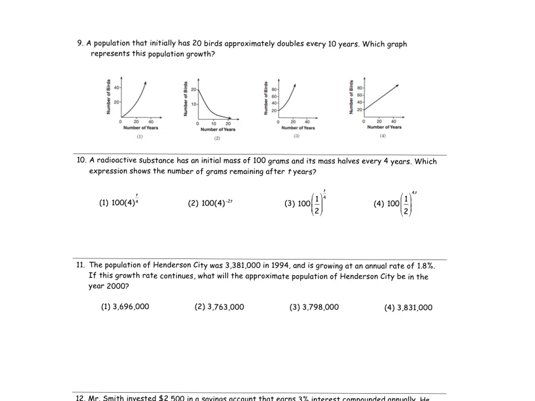Okay, let's take a look at question number 9. So this is actually a regions question, so let's read this carefully. We have the population initially has 20 birds, and it approximately doubles every 10 years.